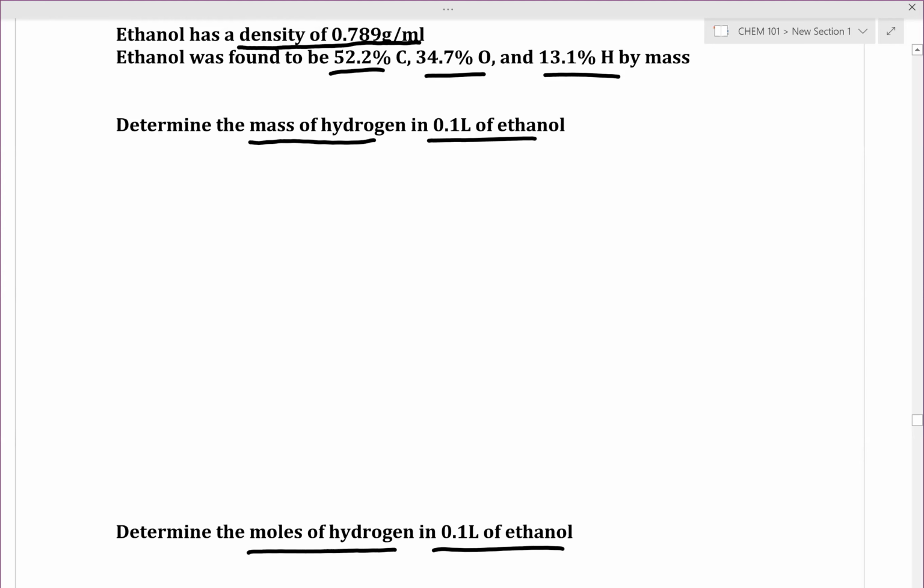Everything going okay? Mass is just density times volume. Everything going okay? Okay.